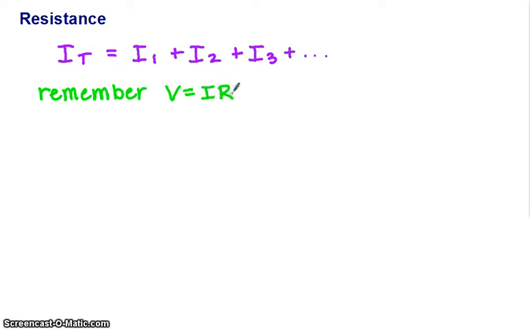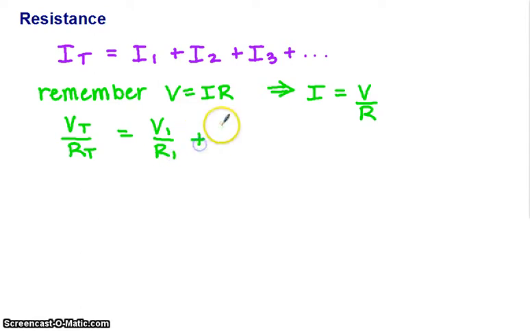So if we're using I total, we can replace that with V total over R total. And I1 would be V1 over R1. I2 would be V2 over R2, and so on.